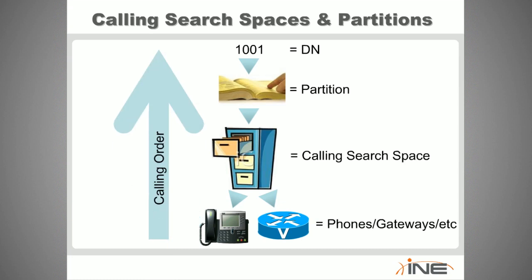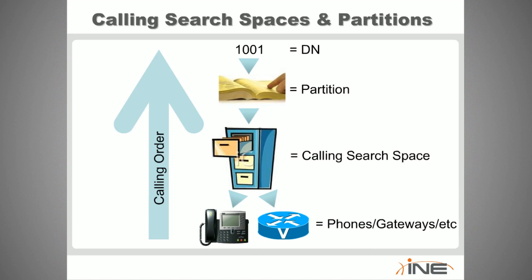Okay, so the calling order is actually opposite. The configuration order was, of course, we had to set up partitions and calling search spaces. We placed the DNs in the partitions. We placed the numbers in the directories. We placed the partitions in the calling search spaces. We placed the directories in the filing cabinets.